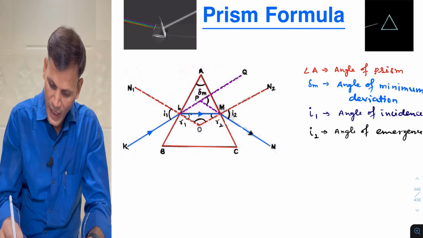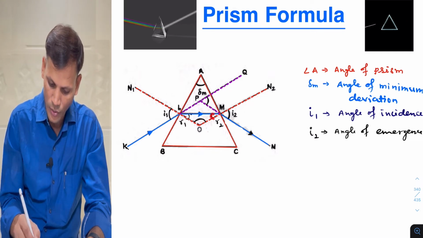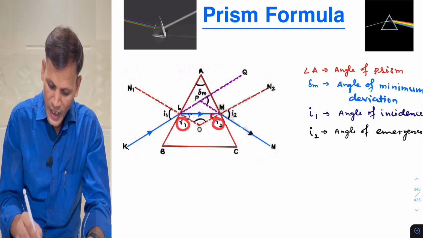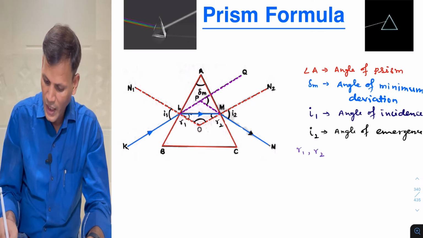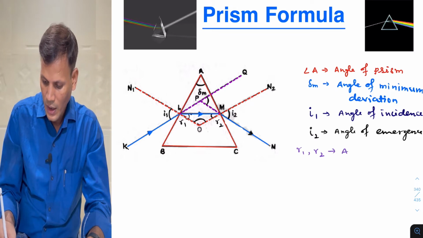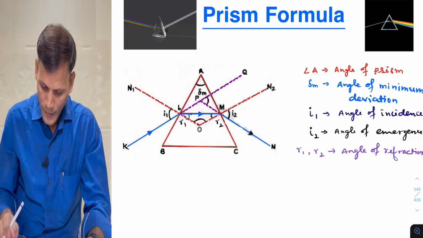What are the angles R1 and R2? Where are R1 and R2? This is R1, this is R2. These are the angles of refraction.